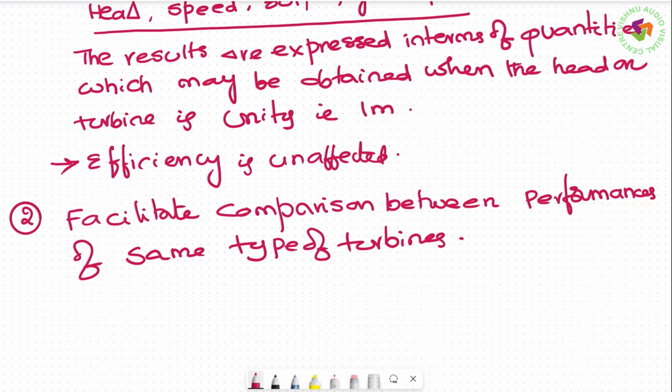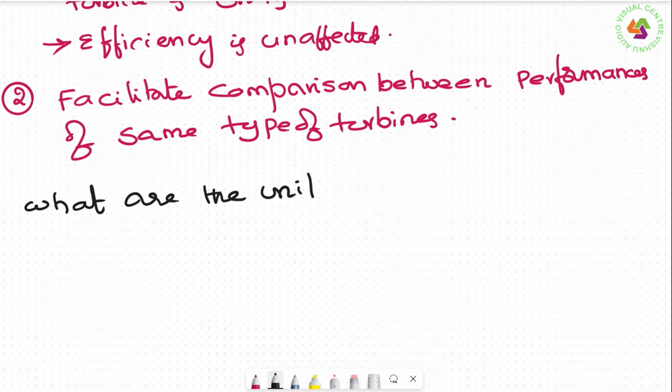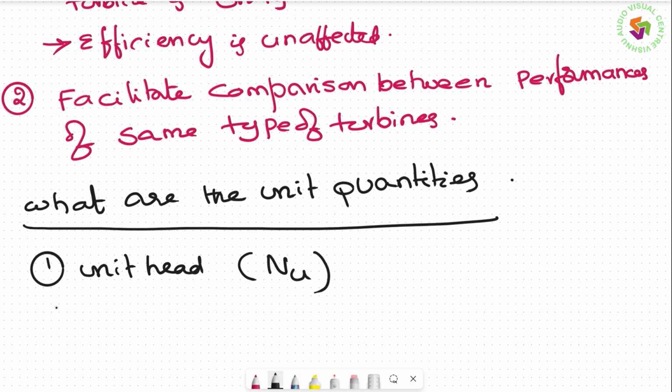What are the unit quantities? There are three unit quantities. Number one is unit head, which we represent by capital N suffix u.